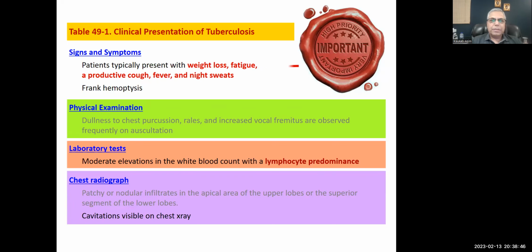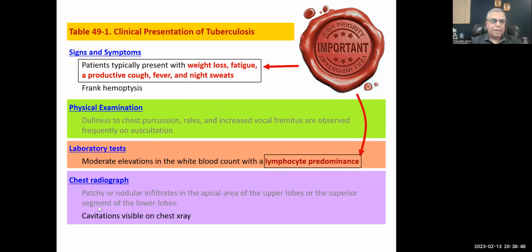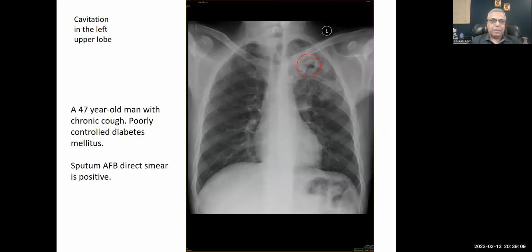So clinical presentation, the two important things over here is weight loss, fatigue, productive cough, fever, and night sweats that I've shown you in the previous slide. And the other important test in laboratory investigation is lymphocyte predominance in WBC count. All right. So these are the two important things that you have to remember from this slide.